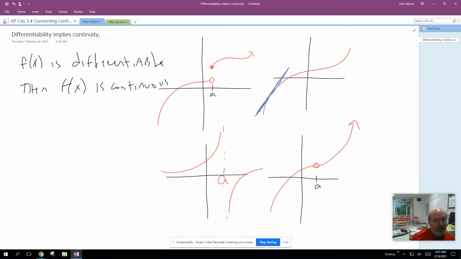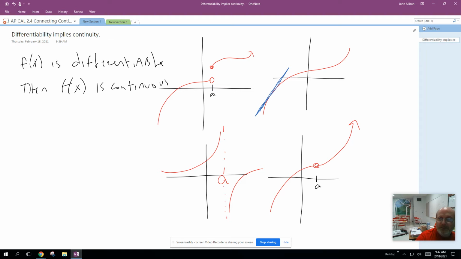You might be told f of x is differentiable at a single point, or you might be told that f of x is differentiable on its domain. A lot of times you'll see it says f of x is a differentiable function. That means on its entire domain it's differentiable, and this derivative exists. If it says that f of x is twice differentiable, it means that not only the function derivative exists, but the derivative of the derivative exists at every point on the domain.